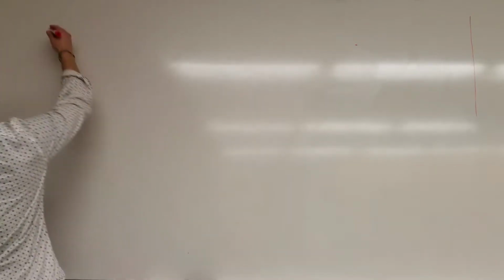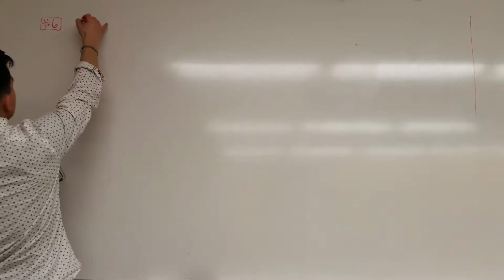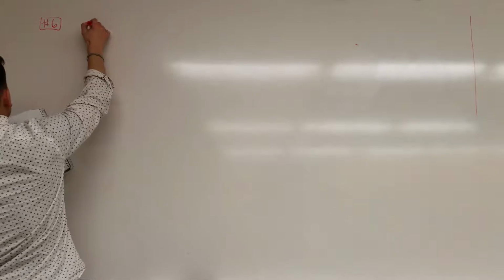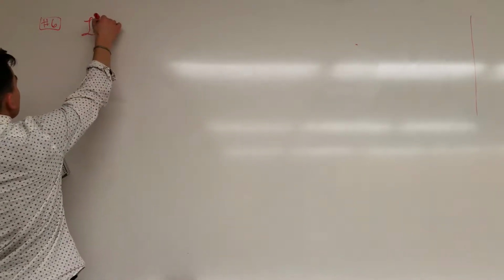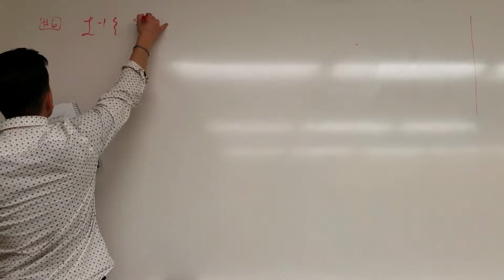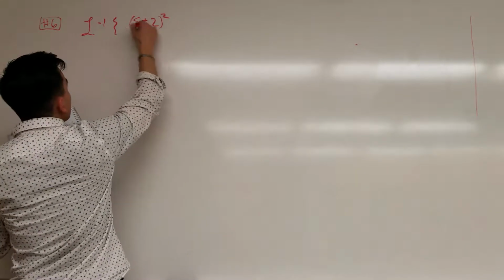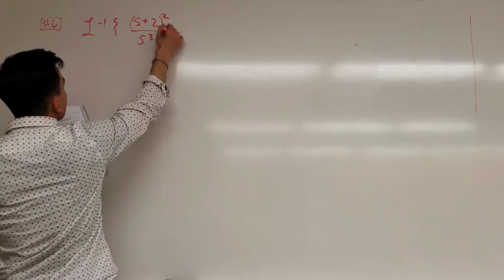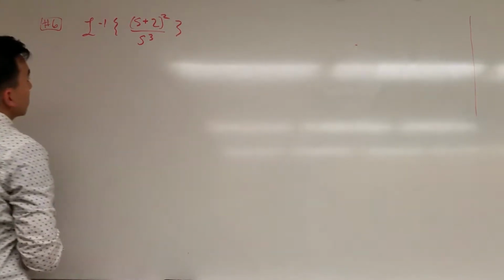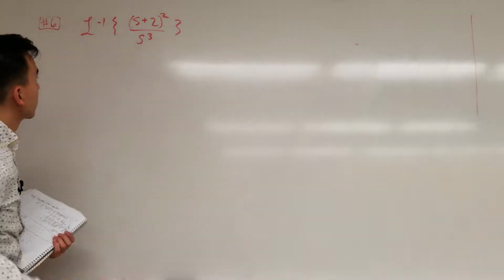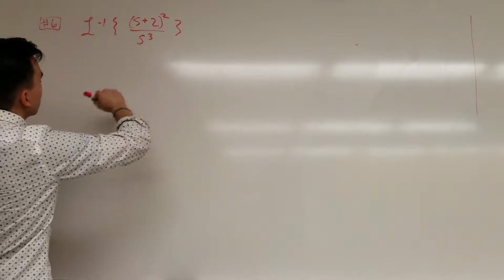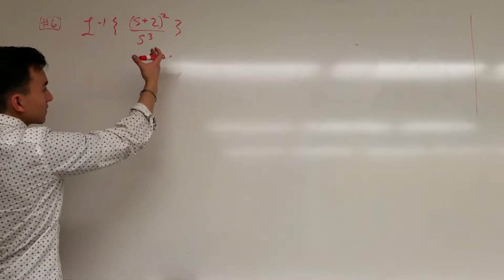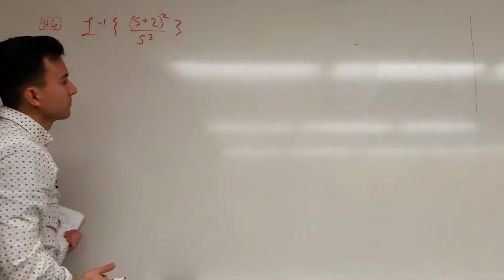Okay, so we have number 6, and it tells us to find the given inverse Laplace transformation. So we have the inverse Laplace of this function. One thing to notice is that our function starts with an s, and that means we'll end up with a function of t.